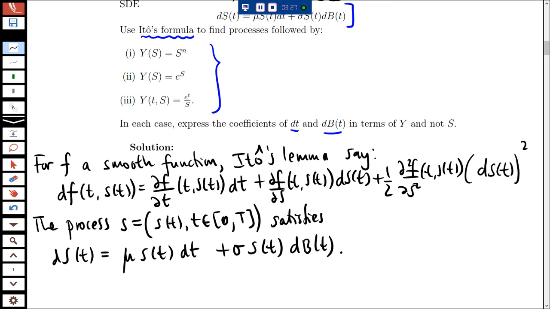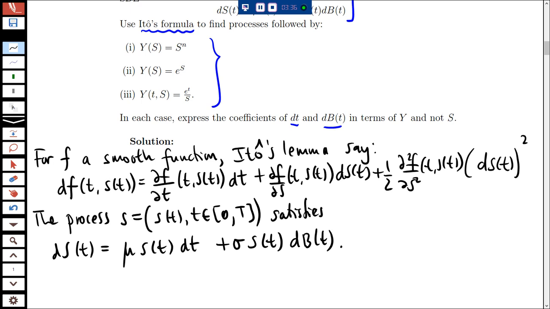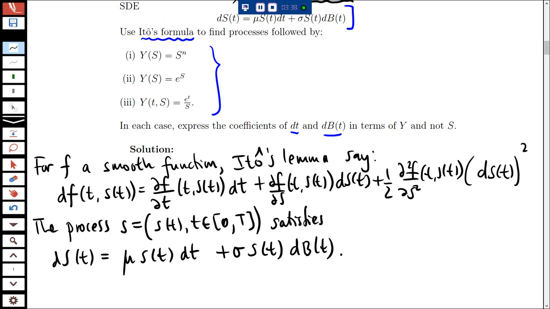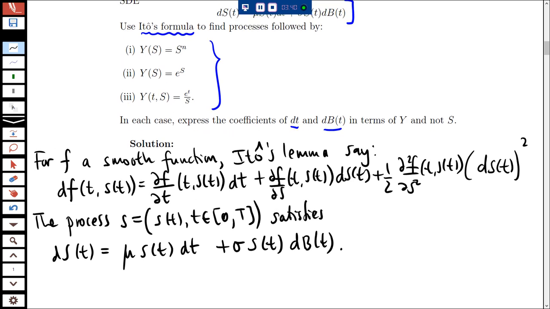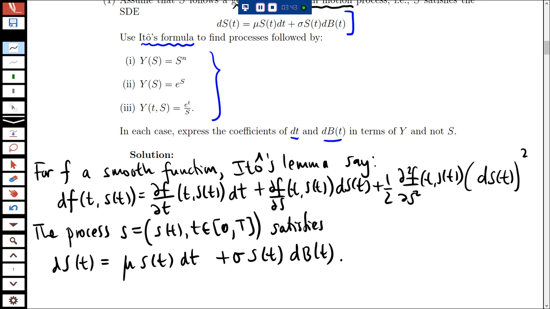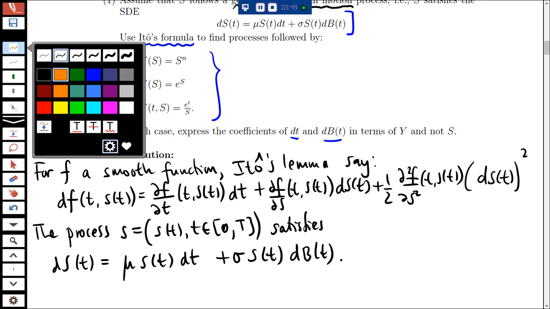Okay, so here mu and sigma are the mean and the volatility. B is a standard Brownian motion. Everything else stands for what you'd expect it to be. S of t is the share price. Okay, so these are the two pieces of information we're given.